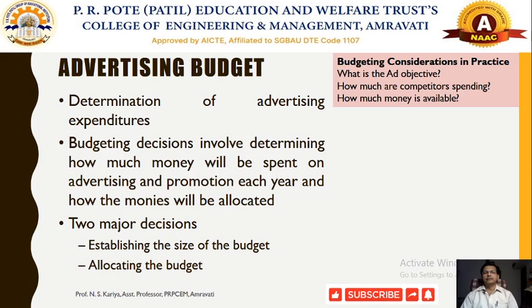Here, the advertising budget is one form of planning document that is very essential in managing the overall advertising expenditure. So what will be the overall advertising expenditure after choosing the appropriate media vehicles?